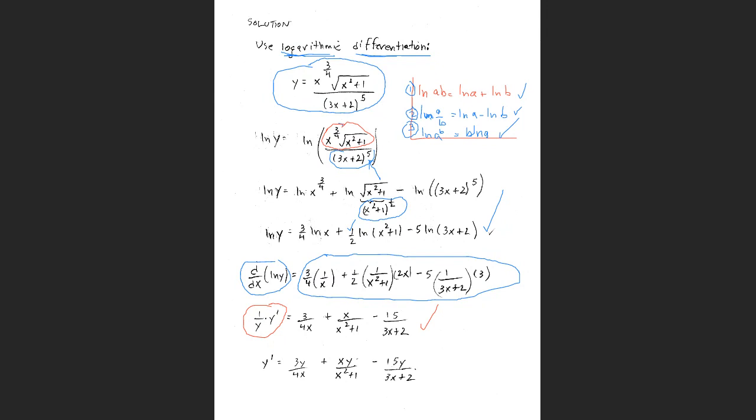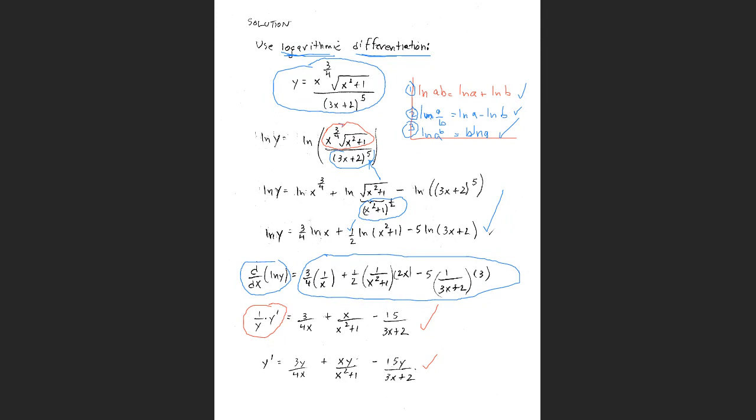And so y prime will equal 3y over 4x plus x times y over x squared plus 1 minus 15y over 3x plus 2. All right, and are there any questions at all before we go to the next page?